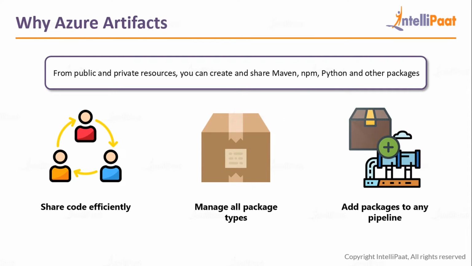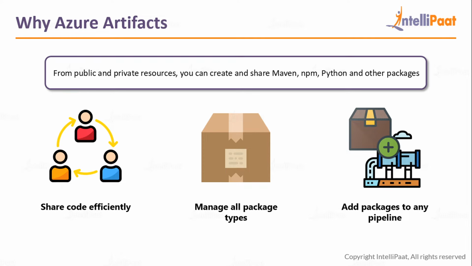Azure Artifacts, as I told you, from public and private resources, you can create and share Maven, NPM, Python, and various other packages. So the thing is, let's say your company is using NPM. Developers are using a certain version of it, the ops team is using a certain version of it, or any other person is using another version of it. Now, if all the versions are different, then when you push the code to the ops team, or to another person, it might not work in their system because there is an inconsistency in the dependencies.